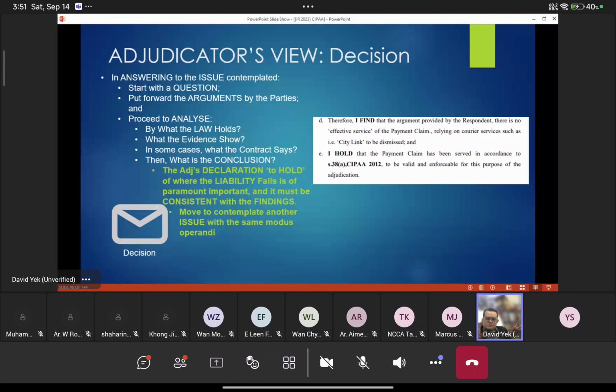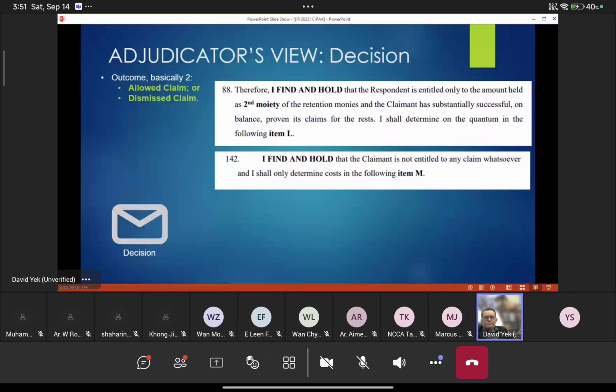For this issue you make a decision like that, for that issue you make a decision like that, for the next issue you make a decision like this. So overall, you see the balance of probabilities. If there are more decisions in favor of the claimant, the claimant wins. If there are more decisions in favor of the respondent, the respondent wins. It's very simple. It's just balance of probabilities.